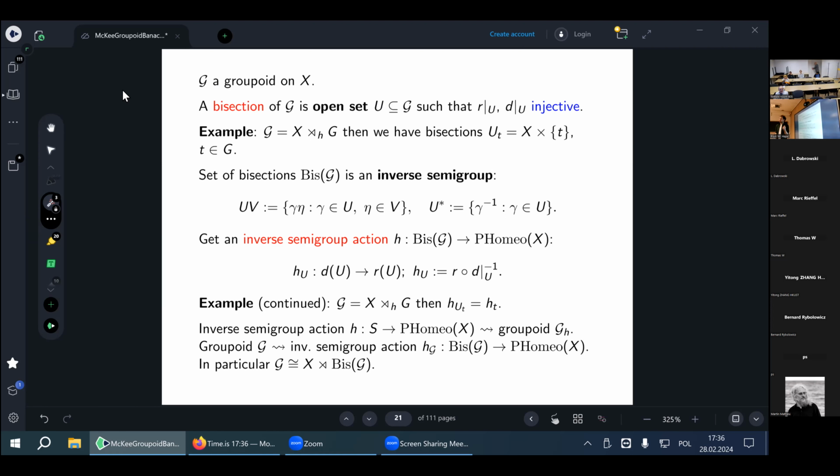Yeah, so I'm thinking of a groupoid with X fixed as the base of my groupoid. So this says that these two pictures are equivalent to each other. But for this talk, I am thinking that we're beginning with a groupoid, and the inverse semigroup is something like some data contained in the groupoid.